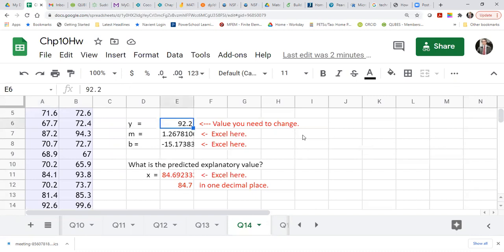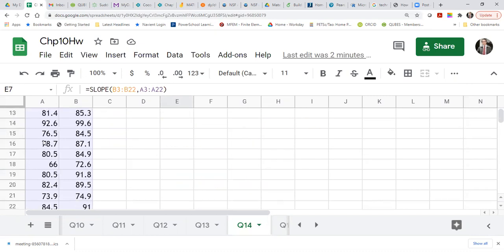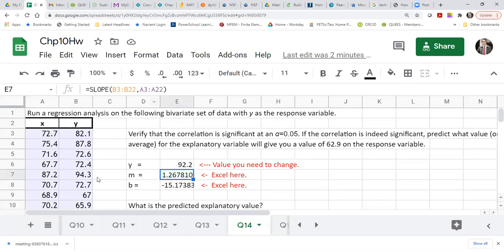So this is the value, the one that's in here, and then using the formula. So make sure the data is from 83 to 822, right? Okay, so that's correct. But I think this one should be 62.9, right? This one should be 62.9.